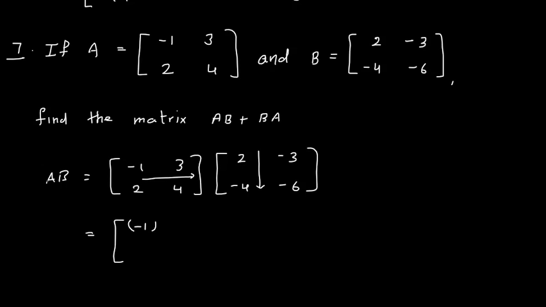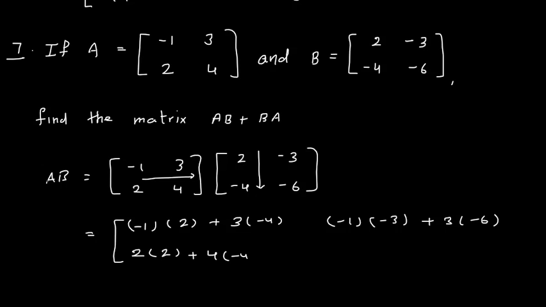So this minus 1 into 2 plus 3 into minus 4, and here we get minus 1 into minus 3 plus 3 into minus 6. In the second row we get 2 into 2 plus 4 into minus 4. Here we get 2 into minus 3 plus 4 into minus 6.